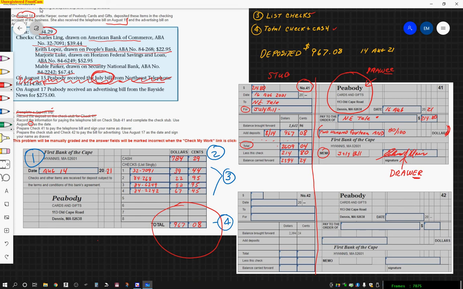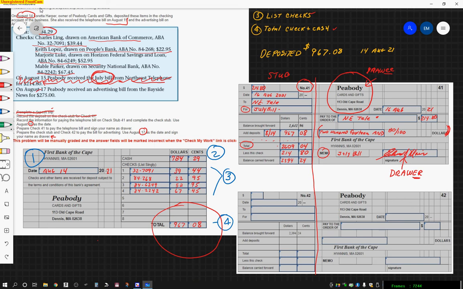All right, let's real quickly go to check number 42. It says, prepare check stub number 42 to pay the advertising bill. Use the 17th of August for your date and sign your name as drawer, right? So there's your signature. It's telling you right there. August 17th, how much was it for?